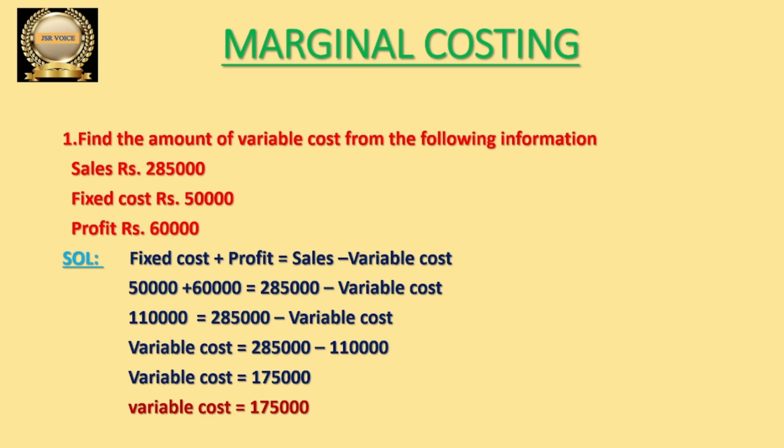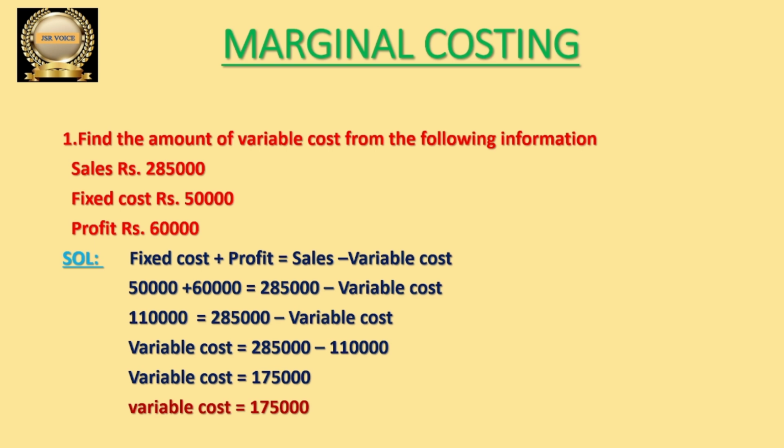You can see the question and substitute the values. Next, minus variable cost. Variable cost value is not given in the question. We are going to find it out. So I have written variable cost only, not substituting any value because the value is not there. We have to find that only.